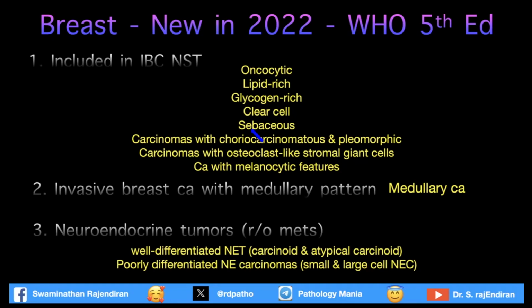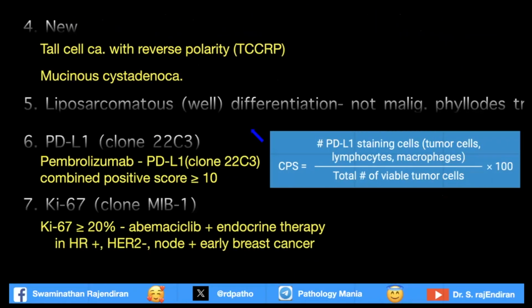And there is no grade 3 neuroendocrine tumor in breast. And neuroendocrine carcinoma is known as poorly differentiated neuroendocrine carcinoma, and that is further subdivided into small cell and large cell neuroendocrine carcinoma. There are two new entities included in the 2019 Blue Book: tall cell carcinoma with reverse polarity and mucinous adenocarcinoma.